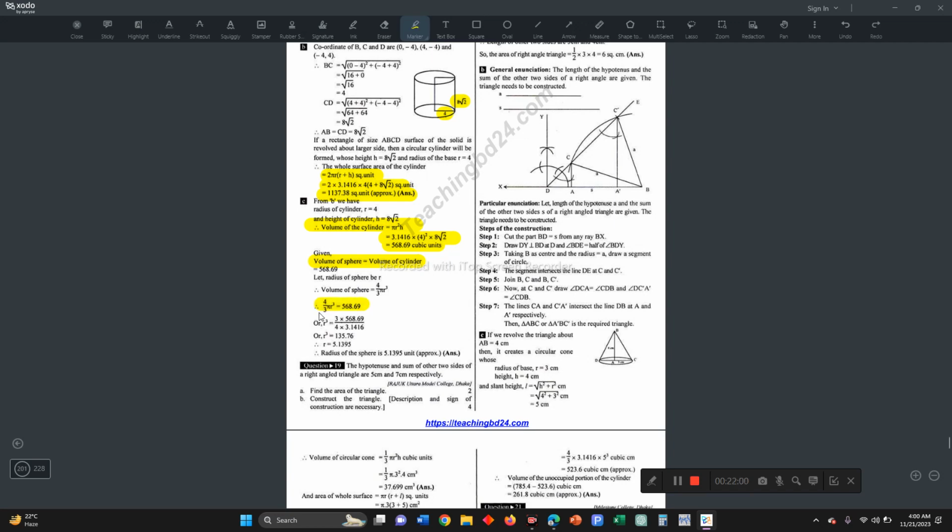So 4 by 3 pi R cube is equal to 568.69, and the value of R is equal to 5.1395.